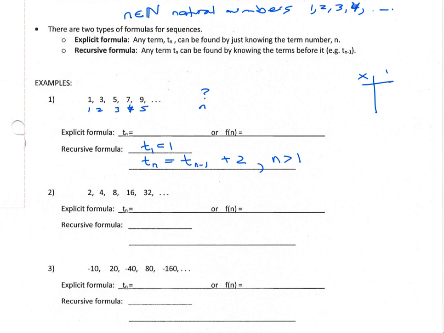Think of it as a table of values. Our term numbers are here, and our terms are here: 1, 3, 5, 7, 9. Could you come up with an equation that relates x and y over here? Hopefully you're noticing this is actually linear, because the first differences are 2, they're the same. So see if you can figure out some kind of relationship between x and y. Pause the video here.